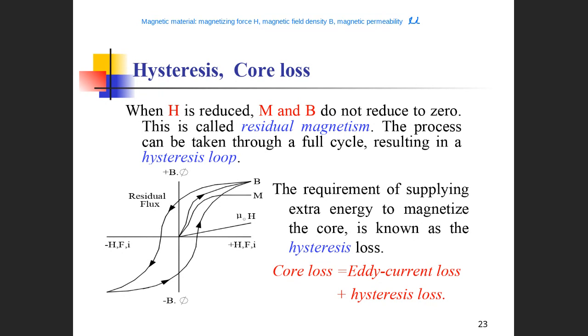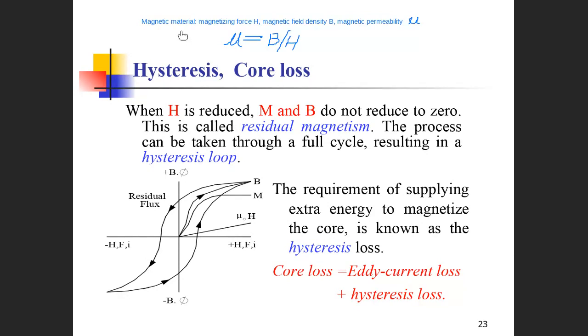Permeability, mu. So the relationship is the flux density over the magnetizing force.